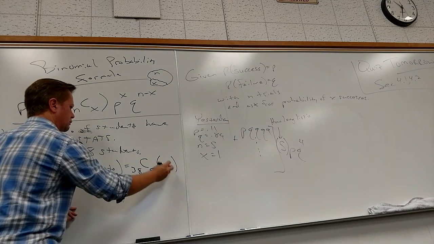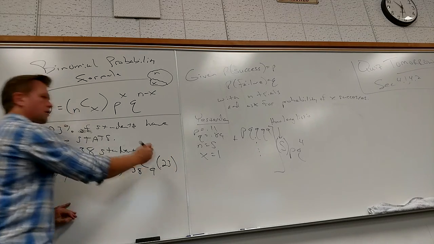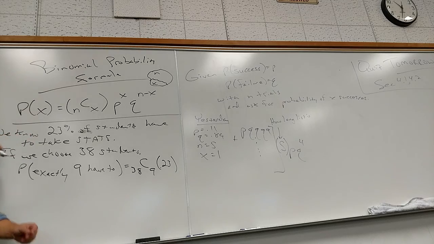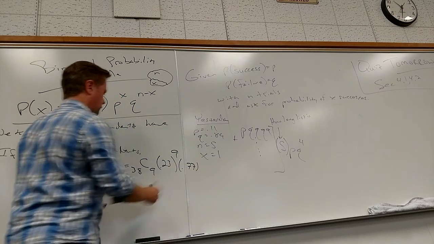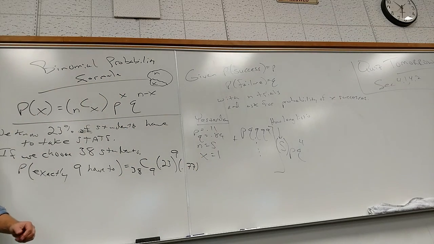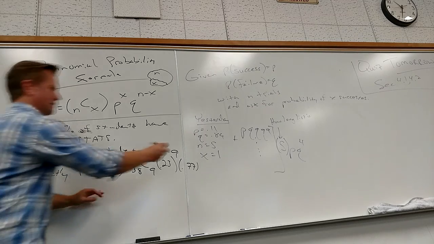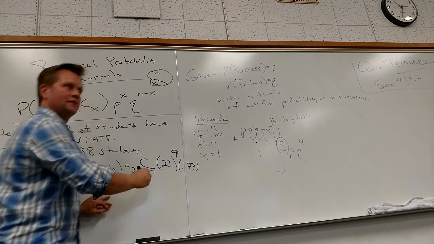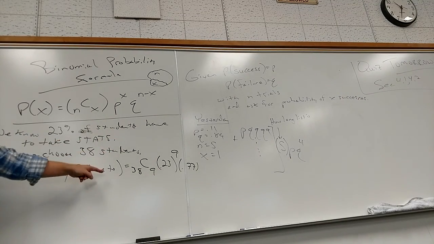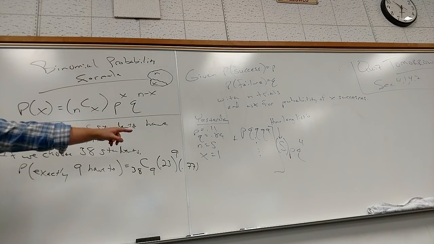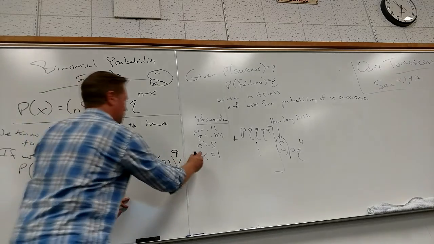So how many successes do I want? 9. So how many failures does that mean? 38 minus 9. Yes. 29. You got 9 already. 38 total people. 29.